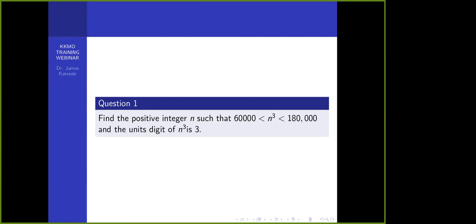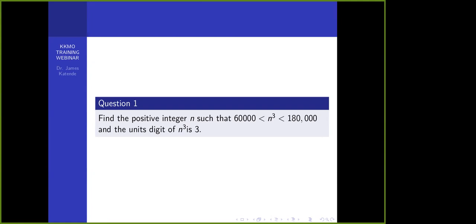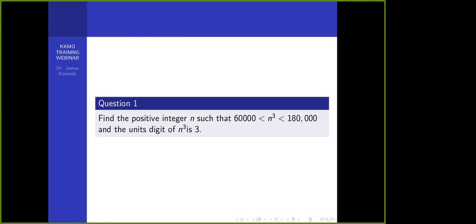Can I try? Okay, you can share what you have. So my thinking is, does the unit digit mean the digit in the ones place value? Yes, the ones. So basically by trial and error, I saw that the only number which when cubed makes a 3 at the end is 7. That means this number n needs to have a 7 at the end.